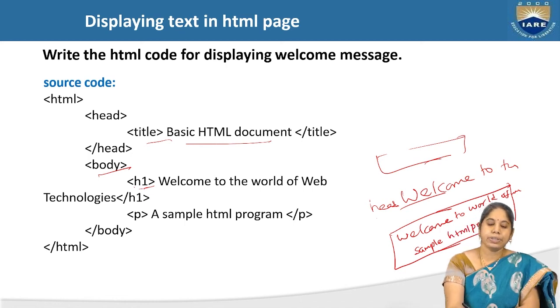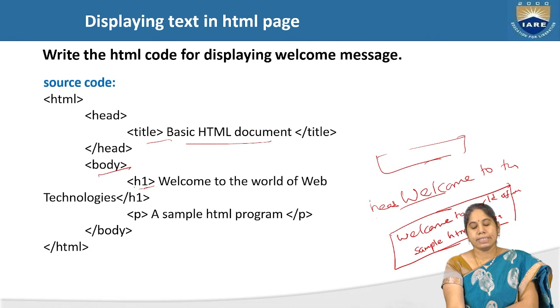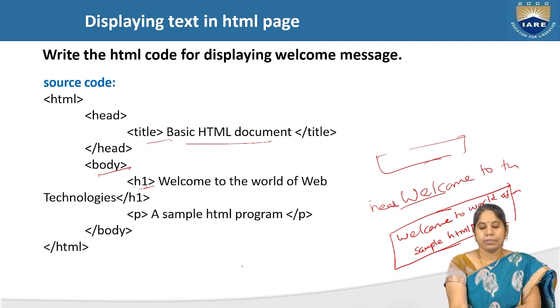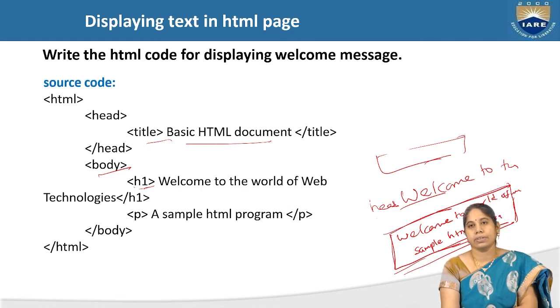Once you have typed this HTML, you need to save the web page with the file type .html, and you can execute this code in any browser, either Google Chrome or Internet Explorer. Then you will get the output. The browser will execute and render this output back to the user.